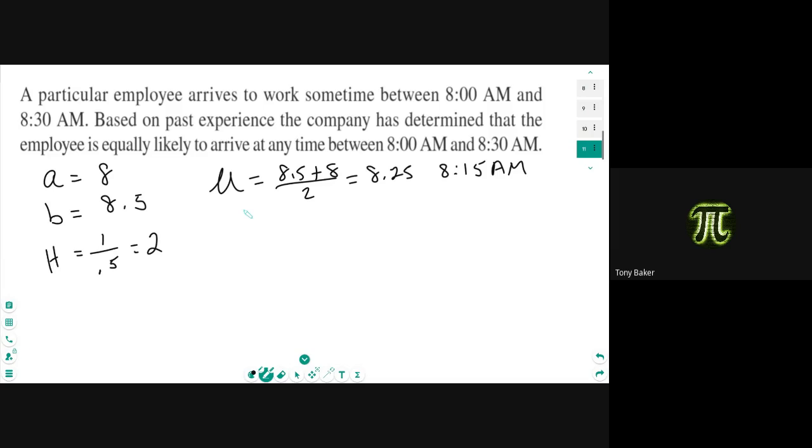What is the standard deviation? Would it be the 8.5 minus 8, over the square root of 12? Yep.